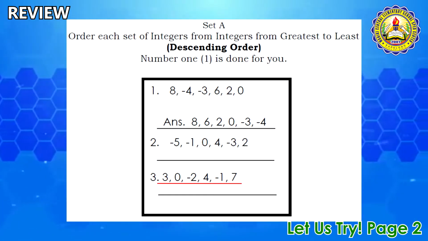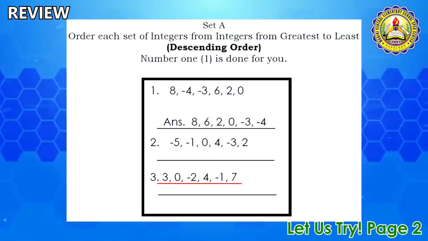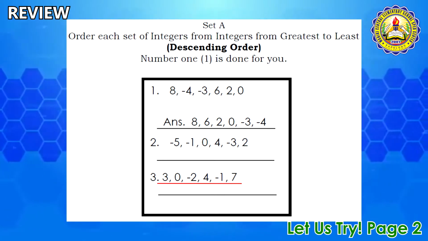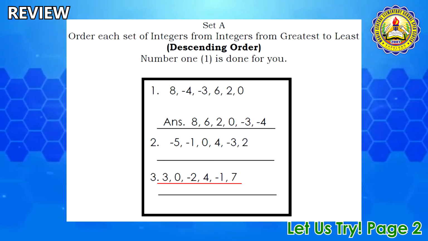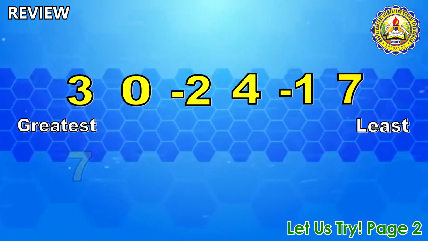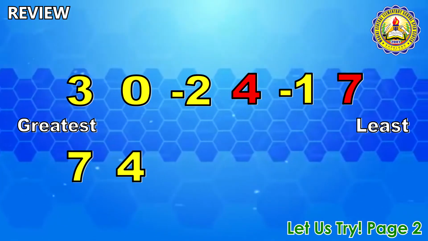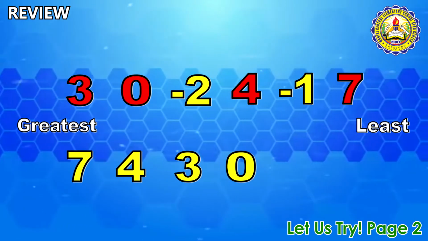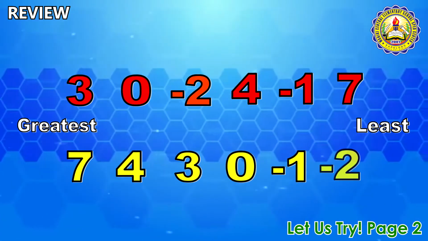Next: 3, 0, negative 2, 4, negative 1, 7. The correct order is 7, 4, 3, 0, negative 1, and negative 2.